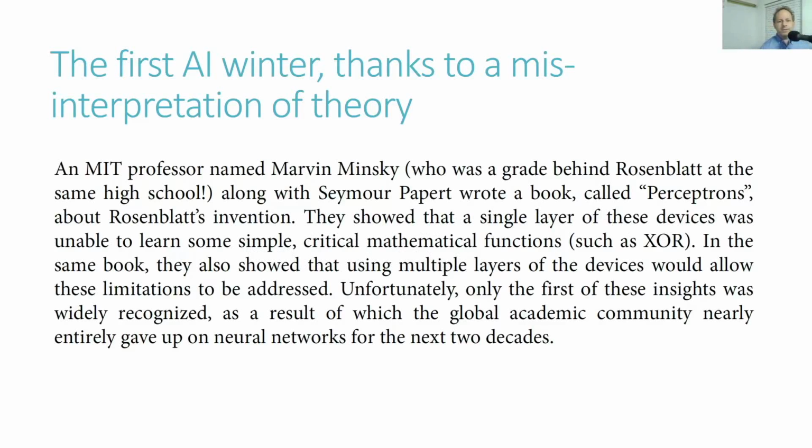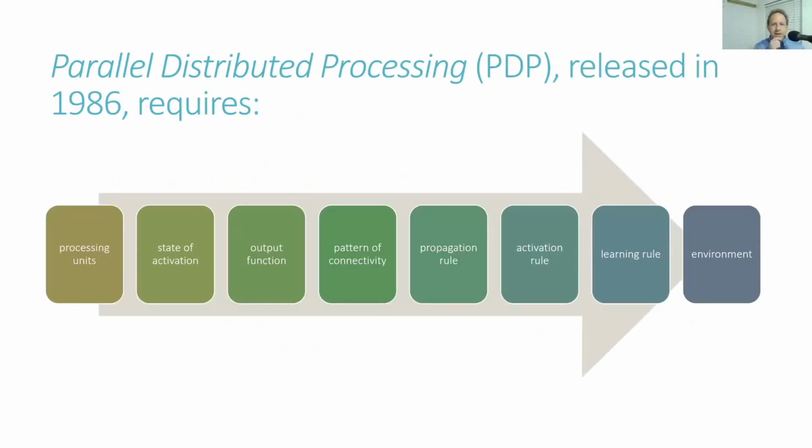It was impossible for them to learn something as simple as the Boolean XOR operator. In the same book, they showed that using multiple layers of the devices would fix the problem. People didn't notice that part of the book and only noticed the limitation, and people basically decided that neural networks were going to go nowhere, and they largely disappeared for decades.